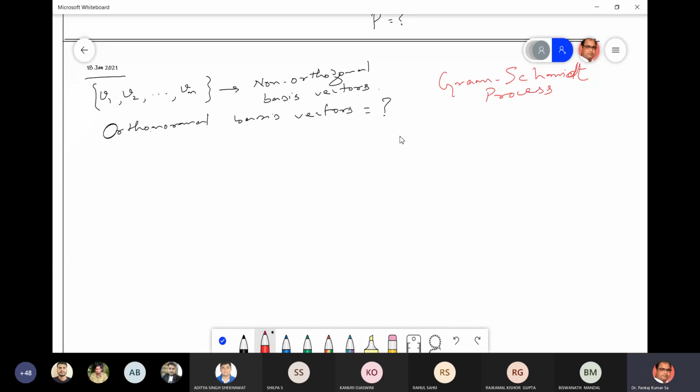Gram-Schmidt process. This is a very simple one actually. If you see, the target is to get orthonormal vectors. So first let us get orthogonal, then we can convert it to orthonormal.